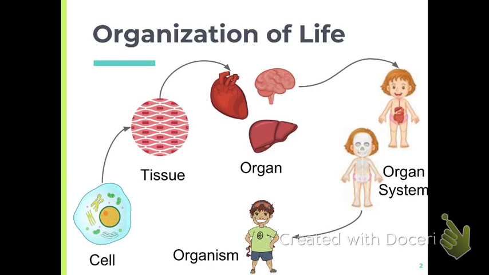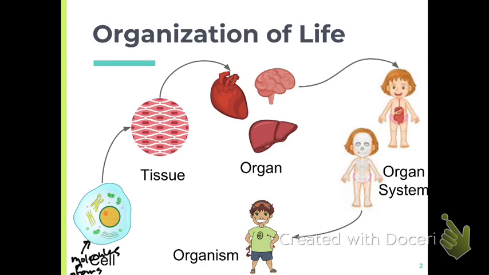If we went back further, before a cell, cells are actually made up of compounds or macromolecules, right? We talked about macromolecules, and macromolecules are made up of atoms. What I want you to see is we're basically getting bigger as we move along.